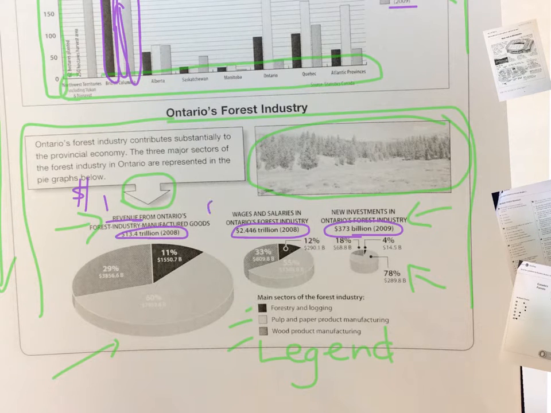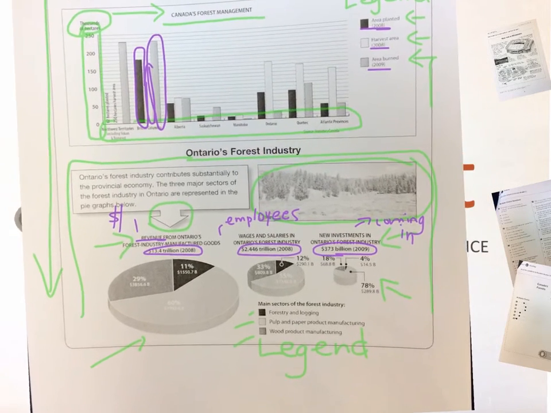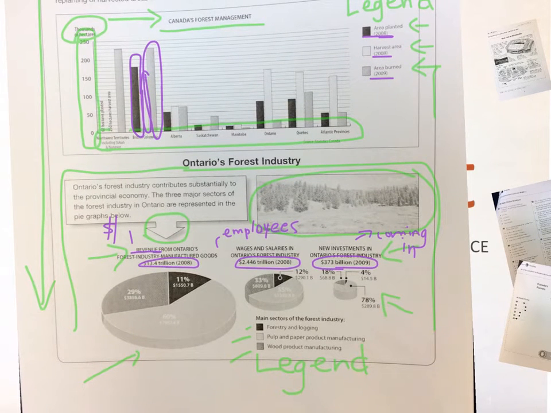This is what employees make. That's their salary and wages, how they're paid. And then new investments is money coming into the industry itself. So the numbers are indeed important things to look at because we most likely will be asked a question relating to these facts and figures.